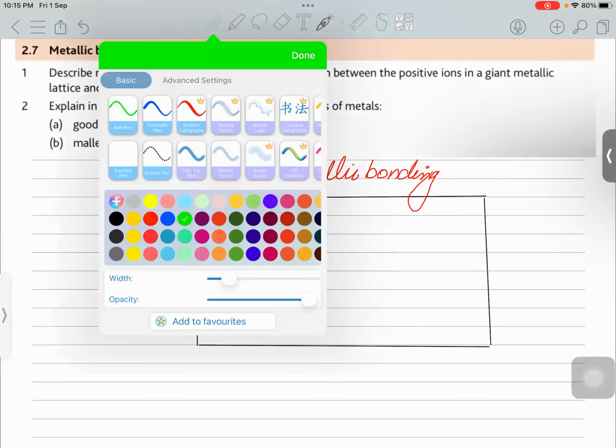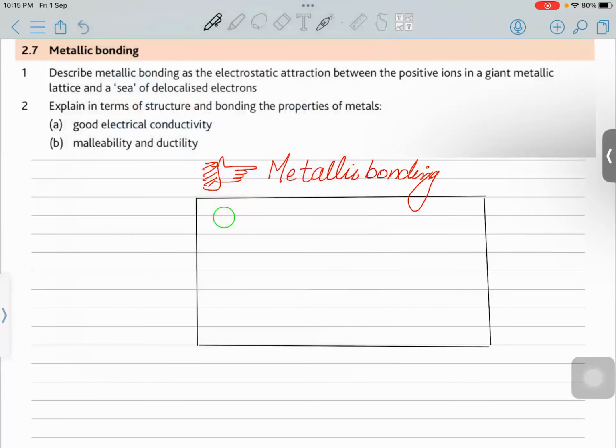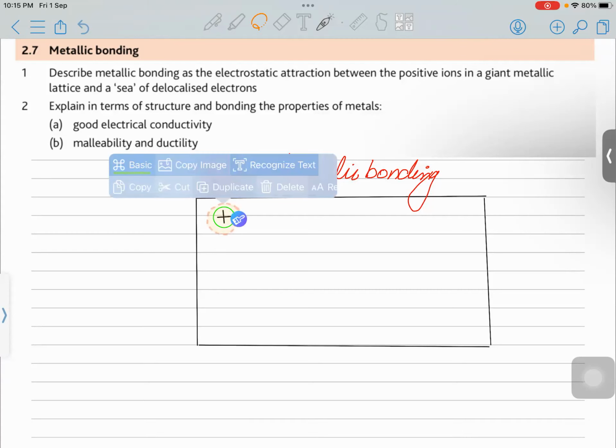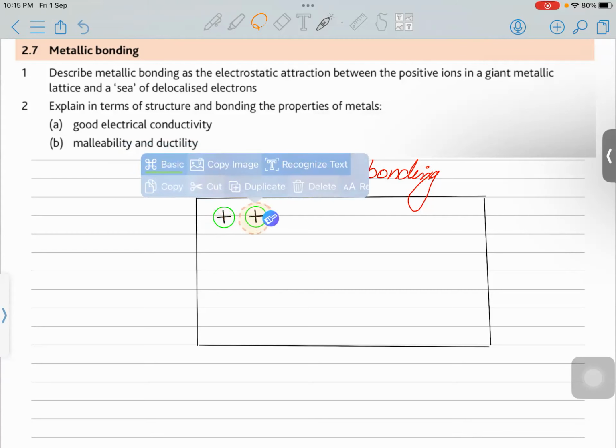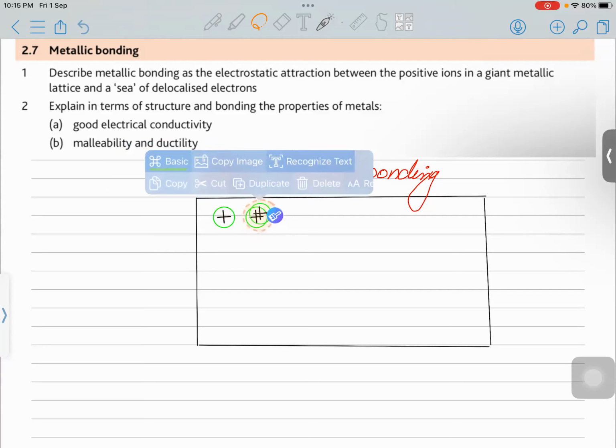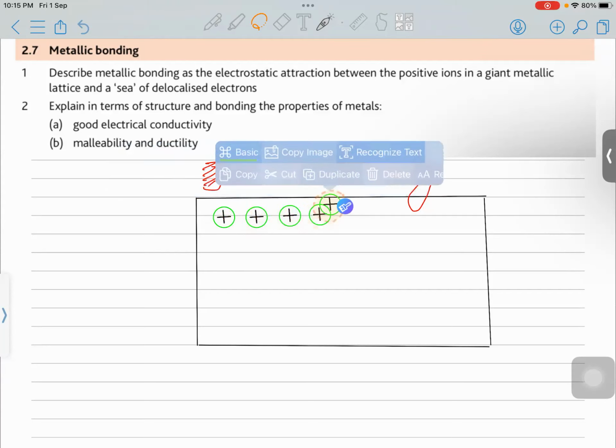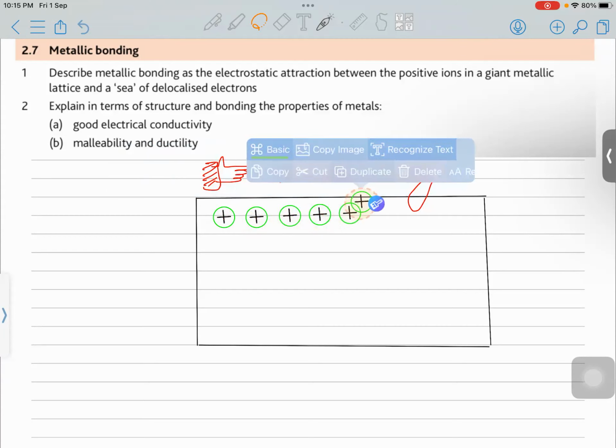It has positive charge, right? So you can see that metals have these signs.